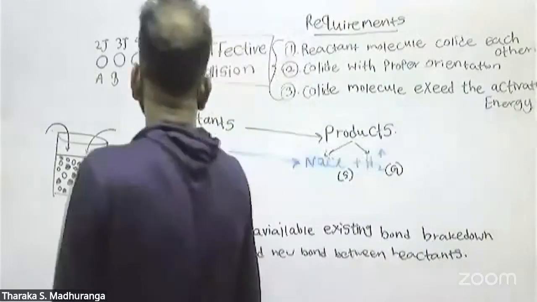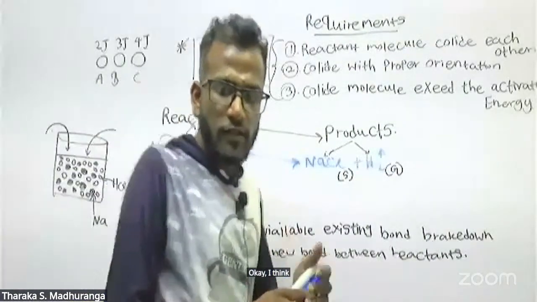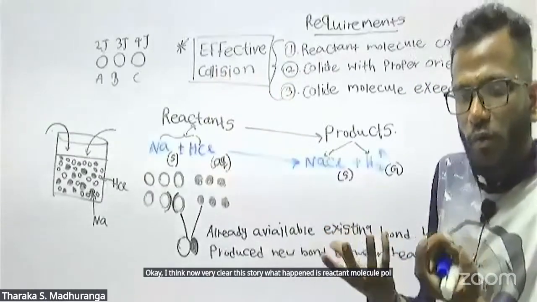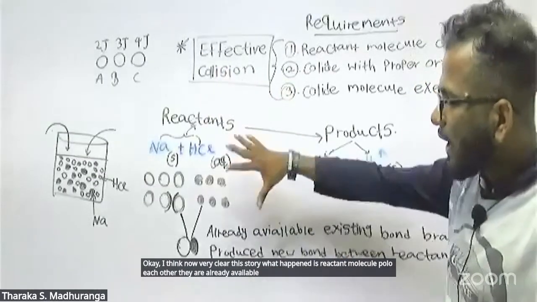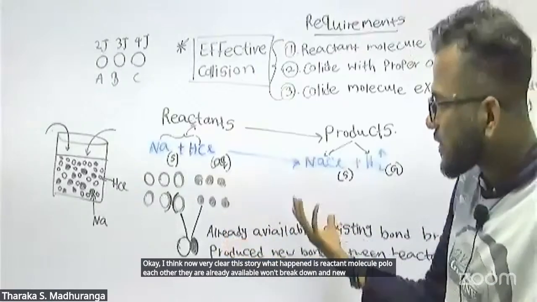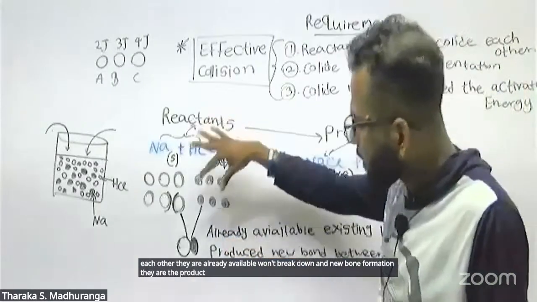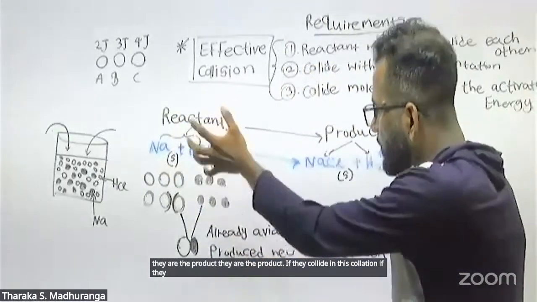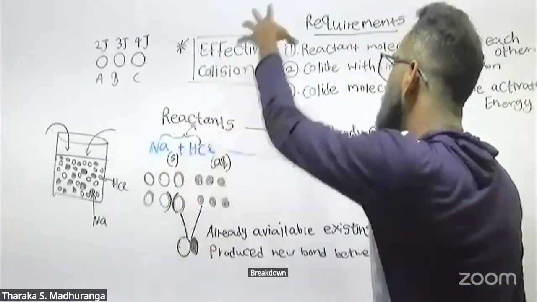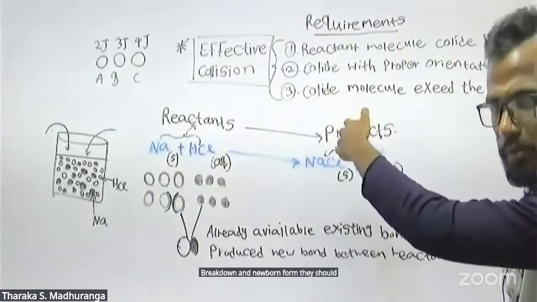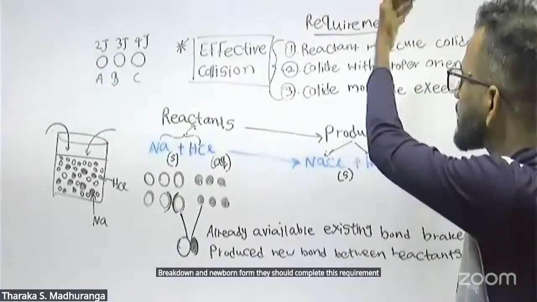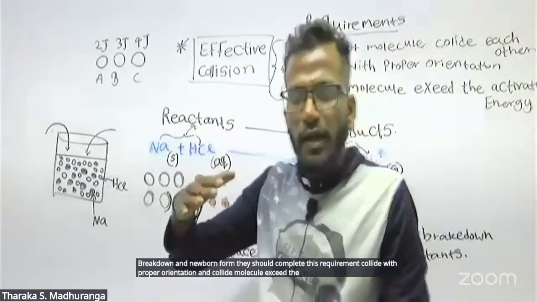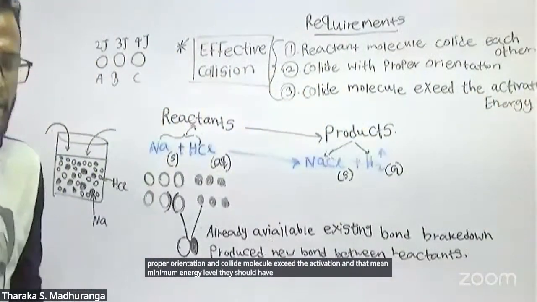Okay, I think this story is now very clear. What happens is reactant molecules collide with each other. They are already available, and on breakdown and new bond formation, they become the product. In this collision, if they break down and form new bonds, they should complete these requirements: collide with proper orientation, and the colliding molecules exceed the activation energy, that means they should have the minimum energy level.